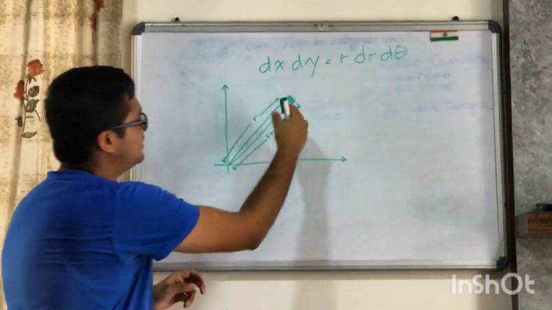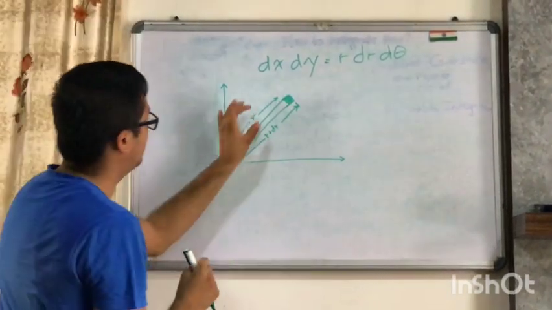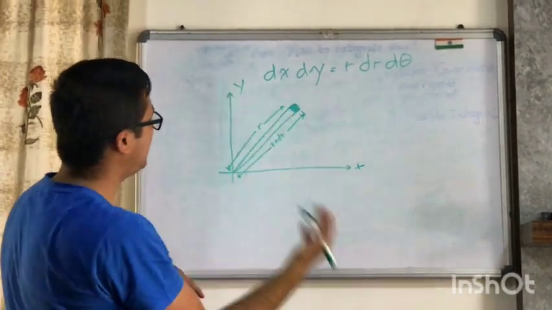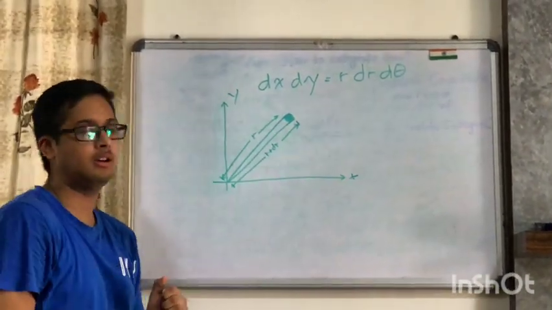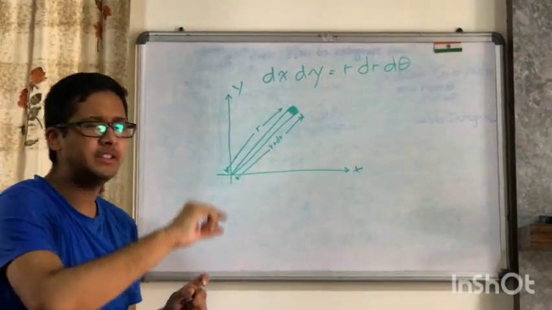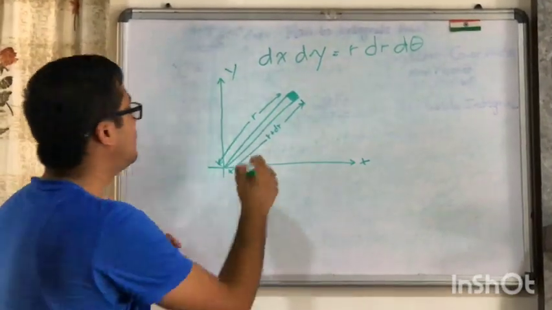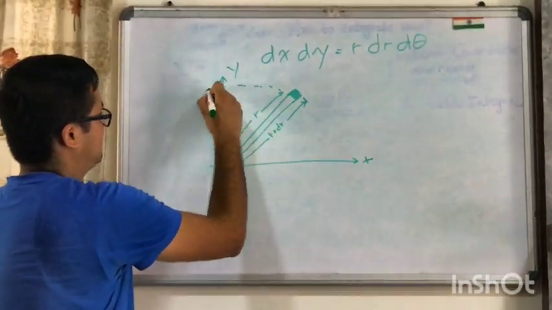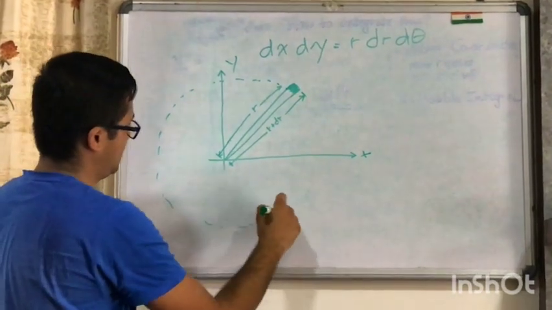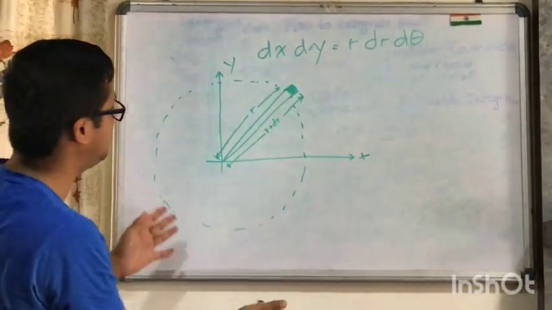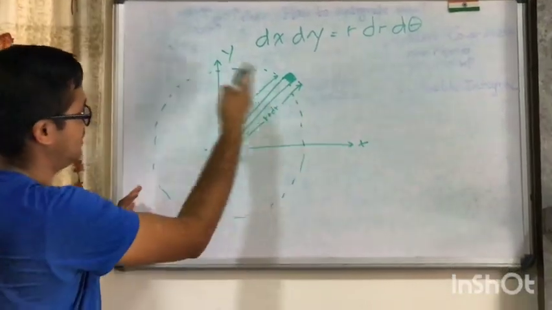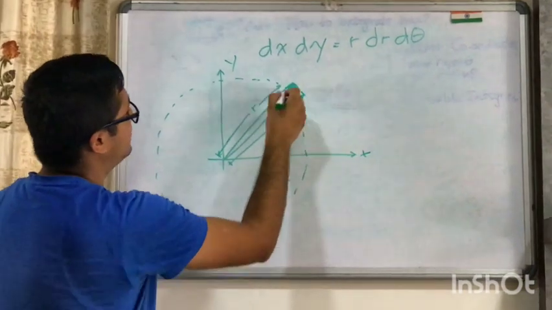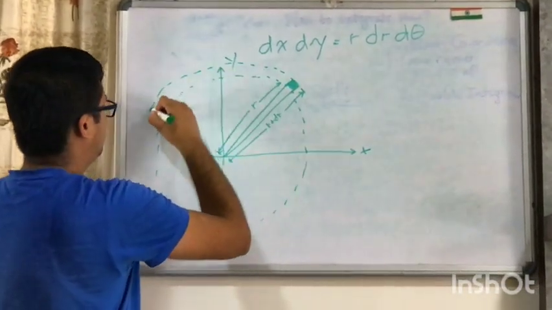To solve this, let us consider a very small strip of area in the xy plane, and let us consider it again as a part of a very small area in between concentric circles. So we have a circle of radius r, which will be something like this, and another circle of radius r plus dr, which will be something like this.